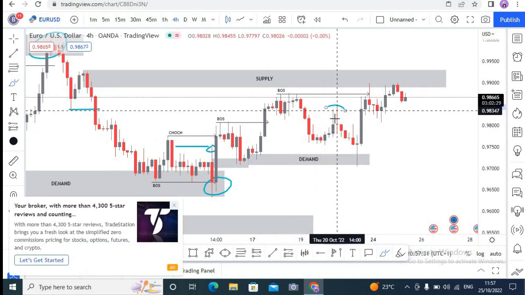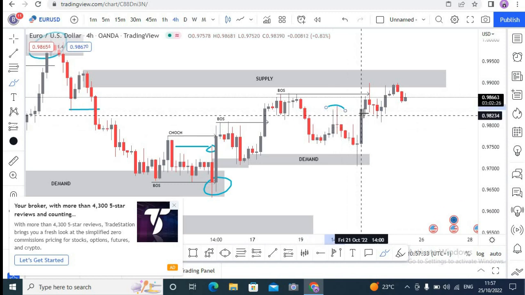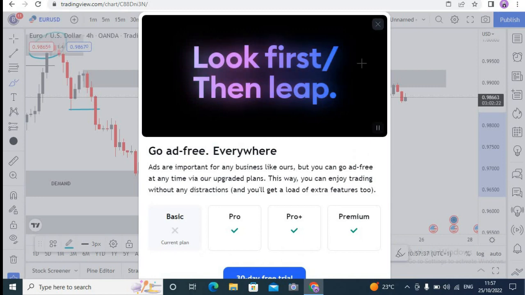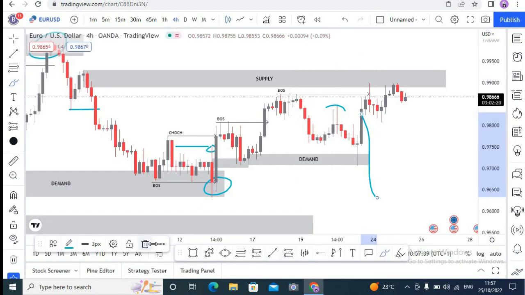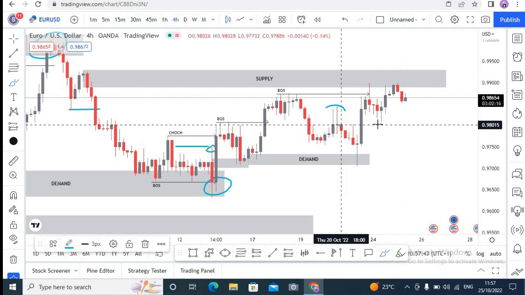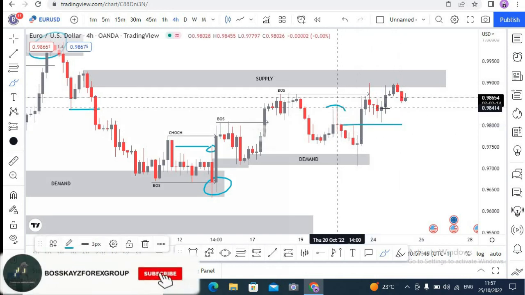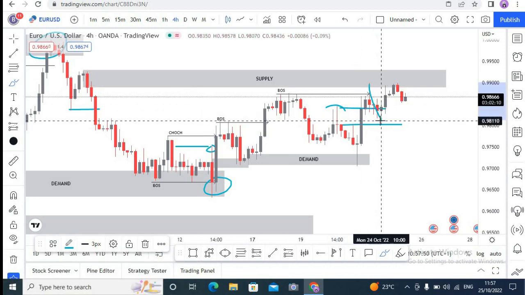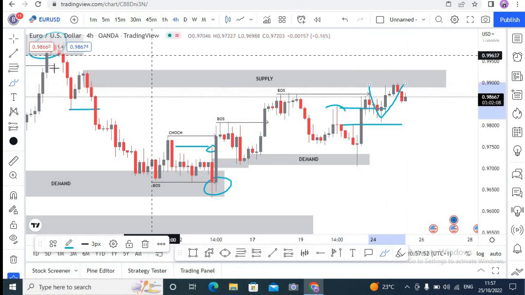So you were expecting price to turn from this supply and then shift the market going to the downside, but the price didn't do that. The price continued going to the upside. So this supply has to flip to be a demand. That's why the price came back and then shifted the market going to the upside.